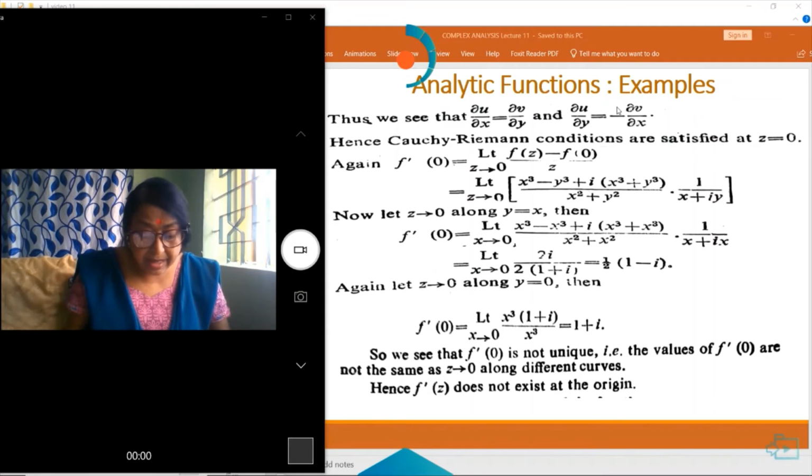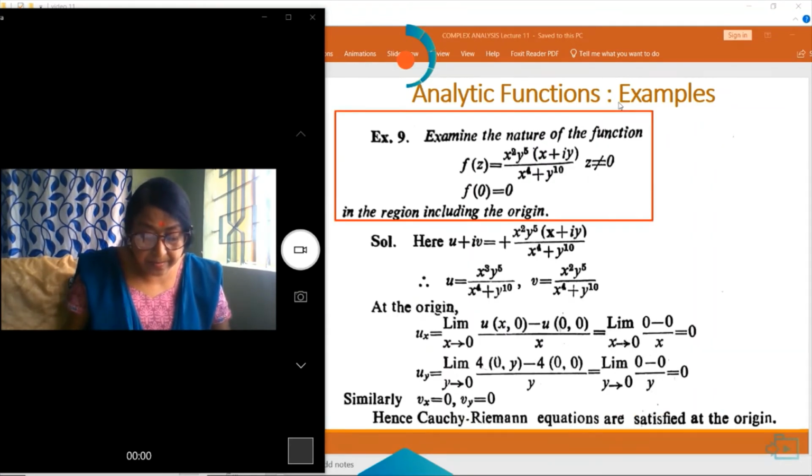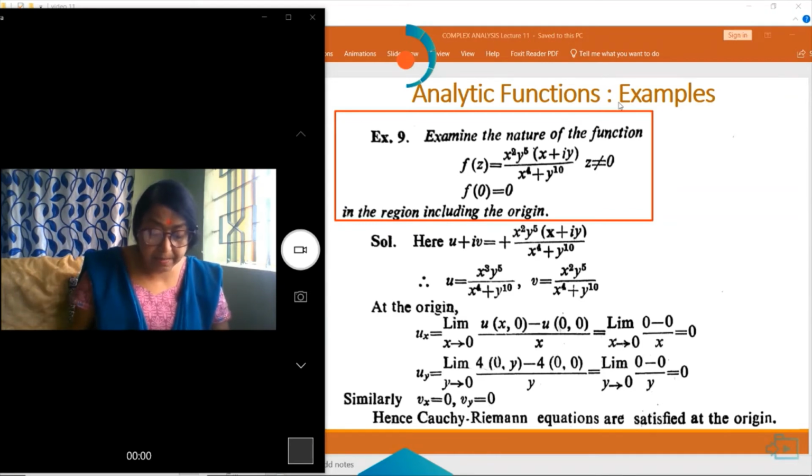Again, let f(z) be given and f(0) be given, and you can write f(z) as u + iv. Separating u and v, we can calculate u_x and v_y as shown. Similarly, u_x is equal to 0 and v_y is also equal to 0. Hence, the Cauchy-Riemann equations are satisfied at the origin.